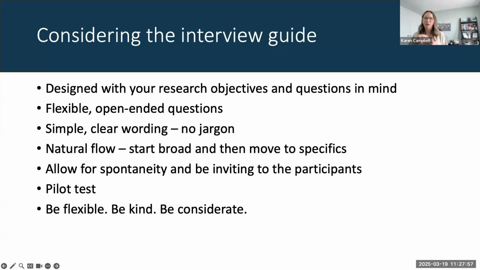So think of an opening question that is broad enough that you allow them to answer it however they want to answer it, that gives them freedom and makes them feel comfortable, but is still related to what your question is. And then move more into the specifics.